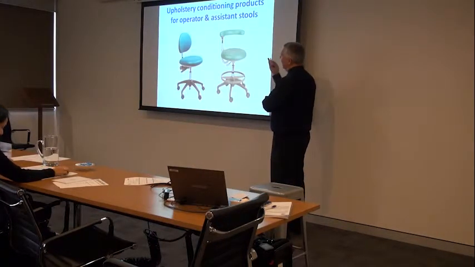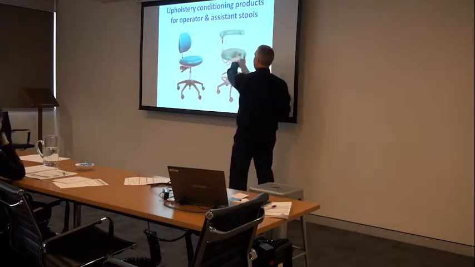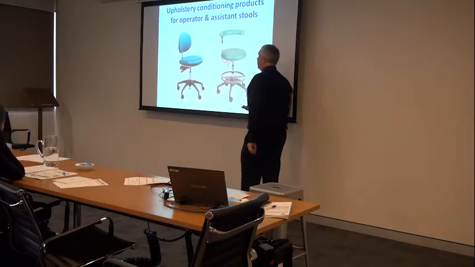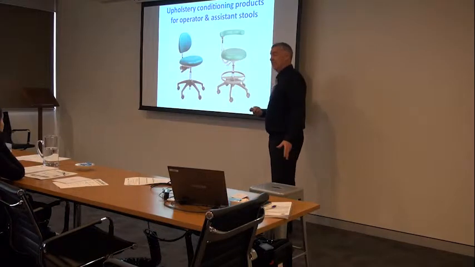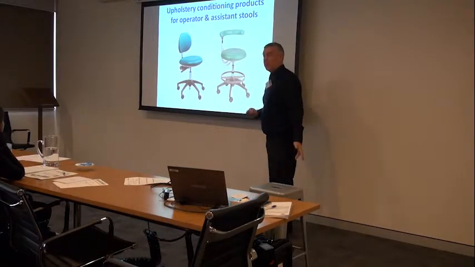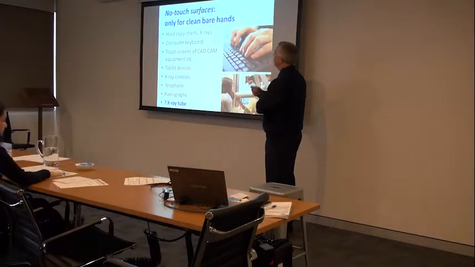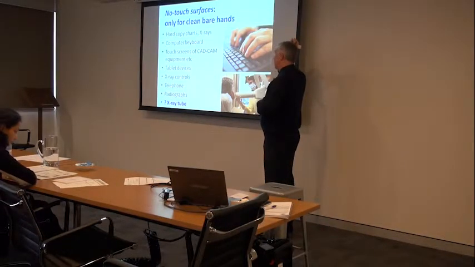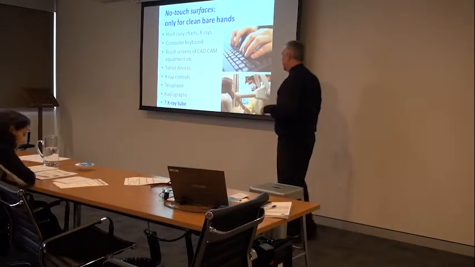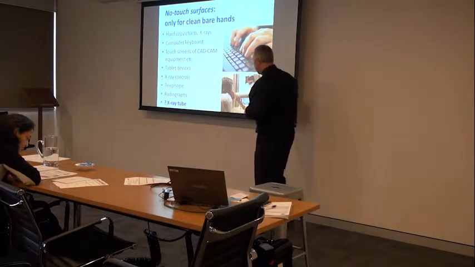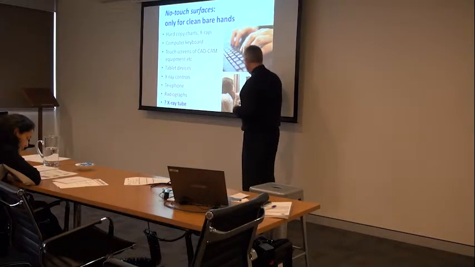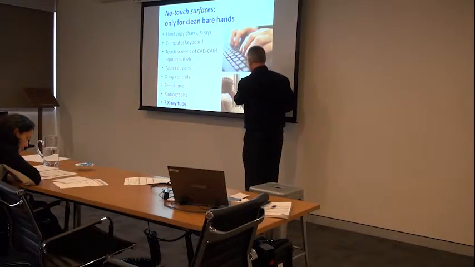And again, you probably don't need to go crazy about wiping down your assistant stool or your operating stool, because really, are you wiping down your chair at home before you sit down at night? Probably not. Then there are what I call the no-touch surfaces with gloves. They only get touched with clean, bare hands. In this example, you can see we've got gloved hands all over this X-ray tube.